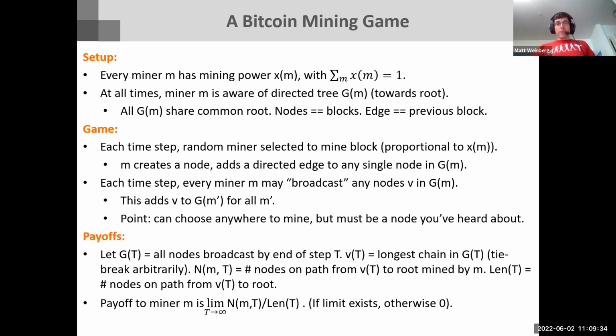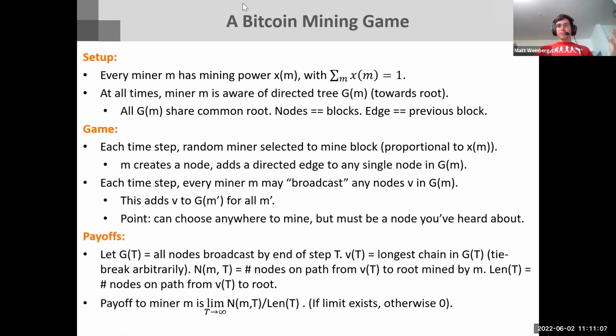Okay, and so now what are the payoffs? The previous bullets define the entire game. The payoffs are just at the end of the game, you get reward for every block you have in the longest chain. So let me parse through this. The eventual payoff is going to say, as t goes to infinity, look at the limit of something. What's going on here is there's some longest chain at time t.